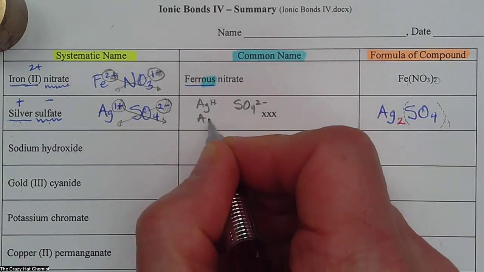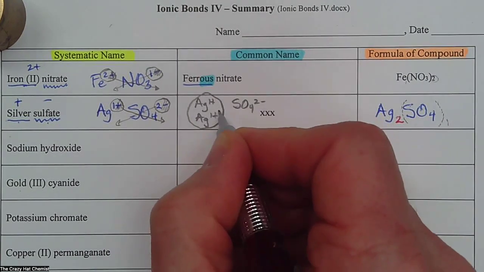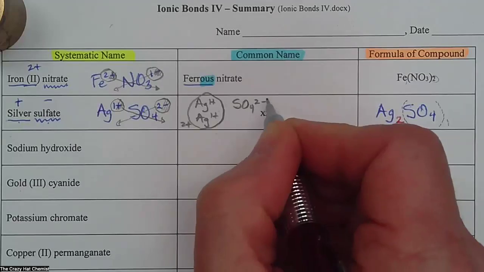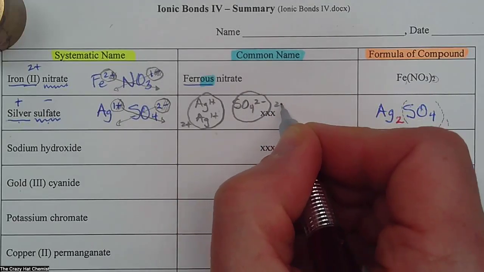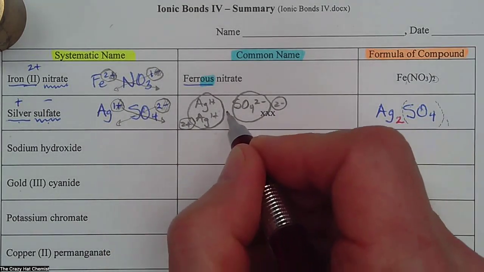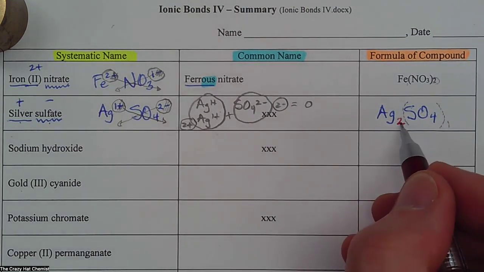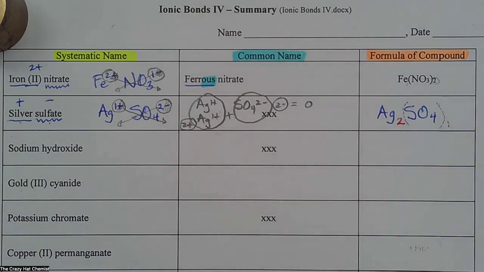You need 2 silvers for a total of a 2 plus charge to equal 1 sulfate of a 2- charge. When I sum up the 2 plus and the 2-, I get a net charge of 0. And that's why there's 2 silvers and 1 sulfate to get a net charge of 0. Really, that's the real rule. Okay, I'm giving you a shorthand abbreviated method.